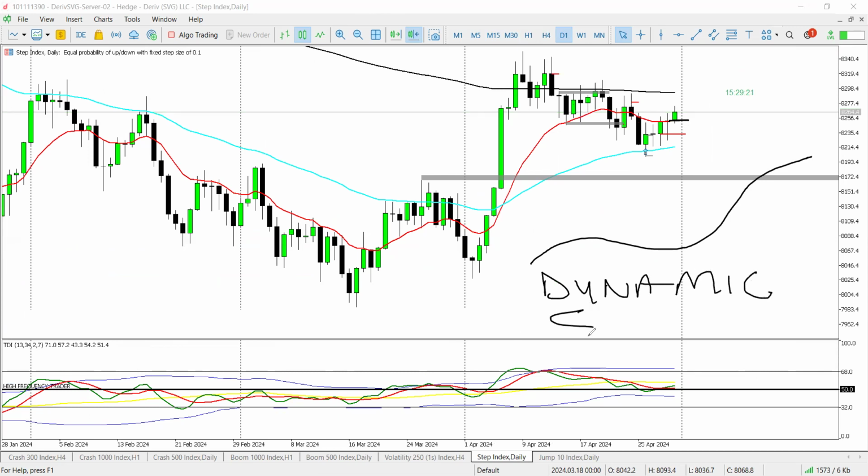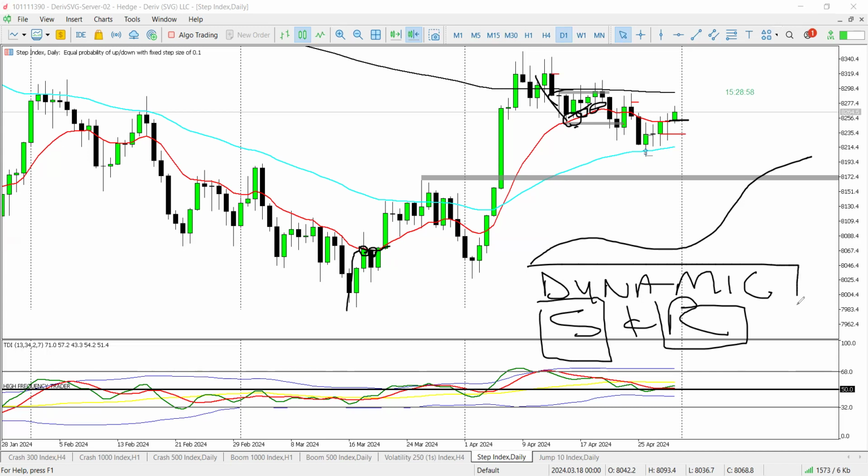It's a dynamic support and resistance. So if price is coming back down, and if you see here, these are rejections, it means price is acting as a what? As a support zone. When price is coming back up and it rejects like this, it means the EMA is acting as a resistance zone.